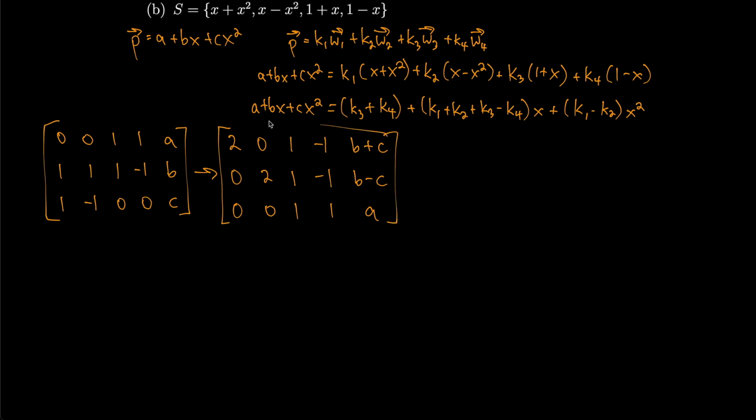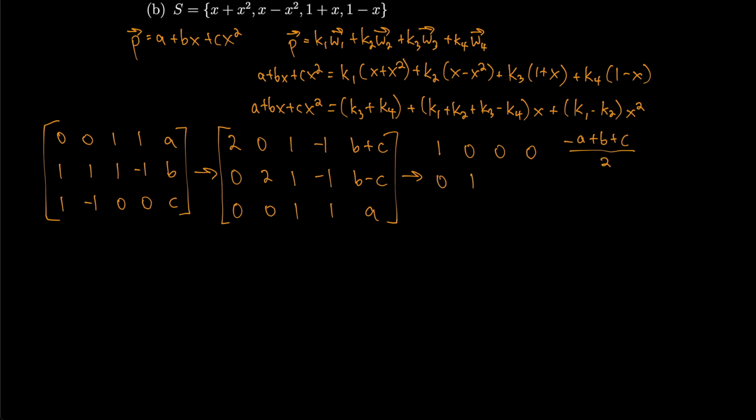Okay, so now all I gotta do is divide this by 2, divide that by 2, and I just have to get rid of these 1's over here. So I can just add minus a to both of these rows and divide by 2. So I'll do that. I'll get 1, 0, 0, 0, minus a plus b plus c divided by 2.